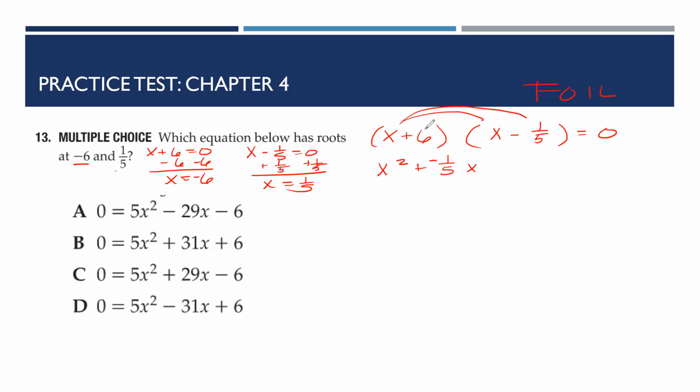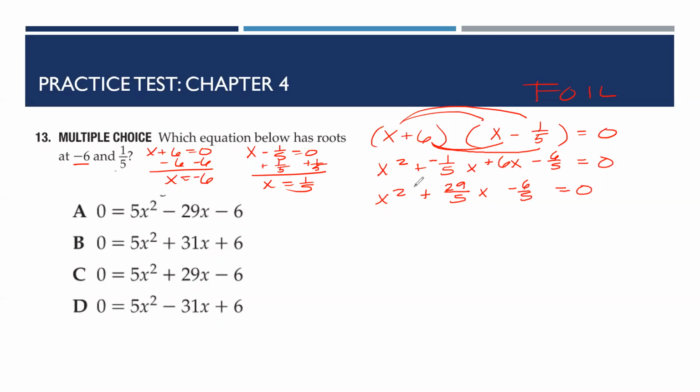And then 6 times x is a positive 6x, and then 6 times negative 1/5 is going to be negative 6/5, okay? And then, when we combine these like terms, x squared plus, this is negative 1/5 plus 6, you end up with positive 29/5 x, and you still have that minus 6/5.